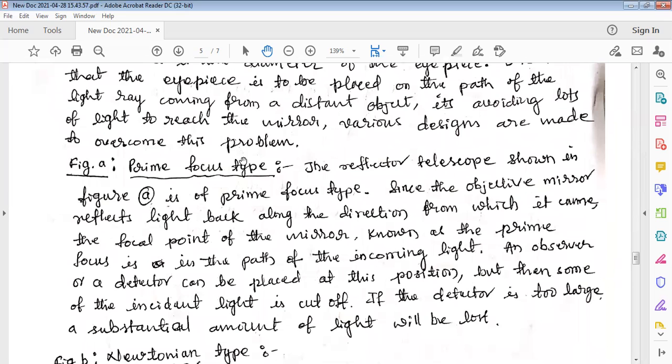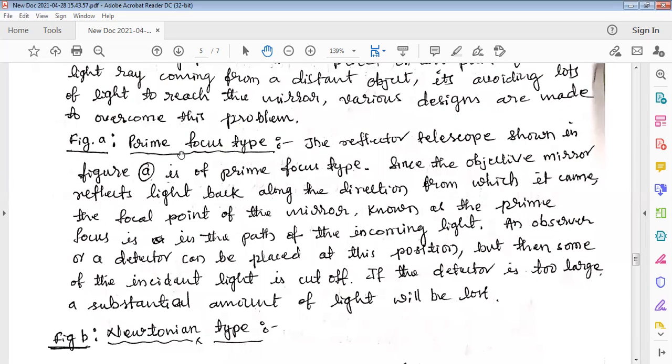The figure I have drawn above is a prime focus type of reflector telescope. This is figure A. The reflector telescope shown in figure A is of the prime focus type. Since the objective mirror reflects light back along the direction from which it comes, the focal point of the mirror, known as the prime focus, is in the path of the incoming light.